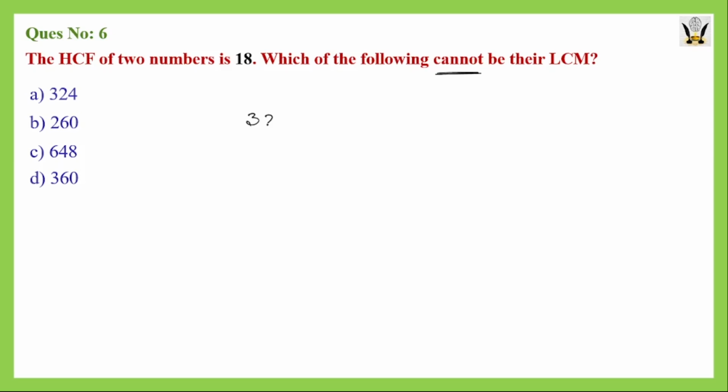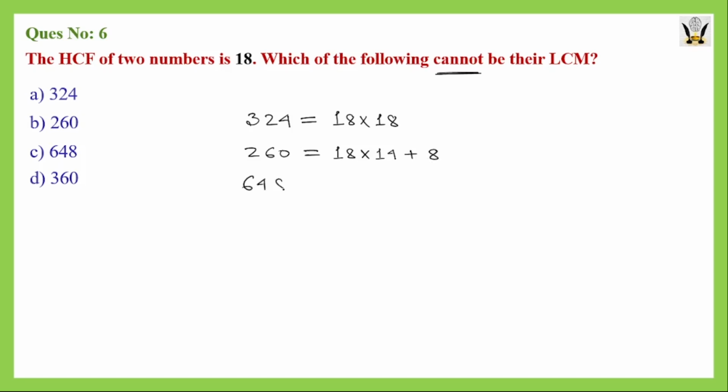So 324, if we want to represent it in terms of 18, then it is actually the square of 18. So 18 multiplied by 18. Then 260, what we can say is that it can be represented as 14 times 18, and with that multiplication result we need to add 8 to get 260.